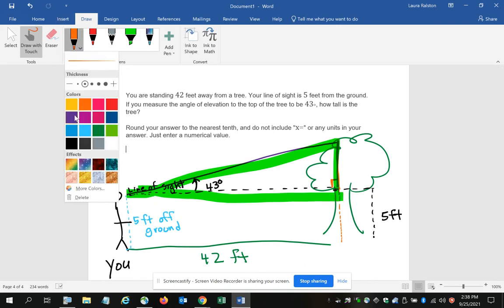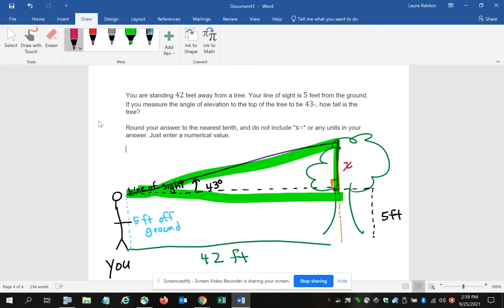And again, thinking about the pieces that you know, I'm ultimately looking for the height of the tree. Well, I've got this 5 feet, and I'm looking for from that line of sight to the top of the tree. So there's my x. And I know the angle, and I know I'm 42 feet from the tree. So I know the adjacent. It might help you to realize that this is 42 feet. So you've got the adjacent, and I'm looking for the opposite.